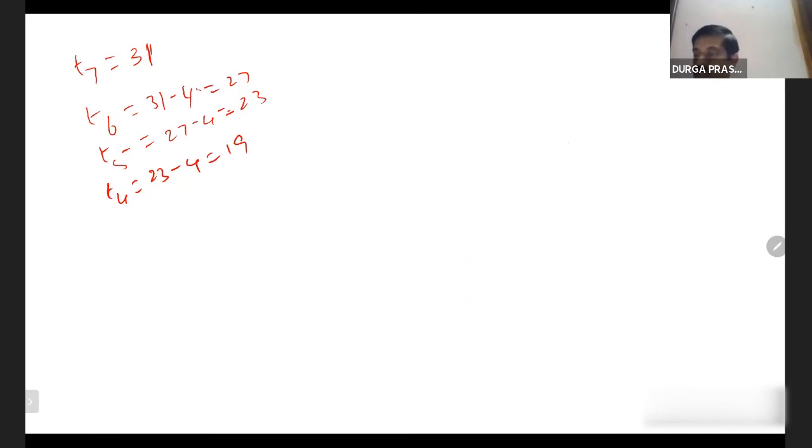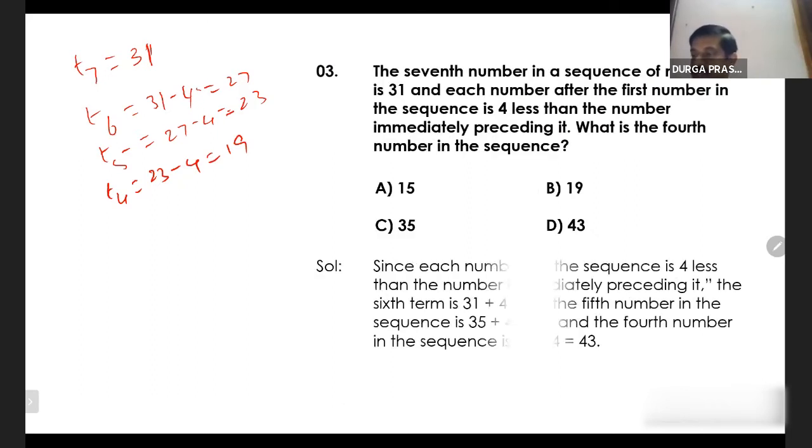So the option we are getting is 19. What is that he said? Each number after the first number in the sequence is 4 less than the immediately preceding. Oh, sorry.